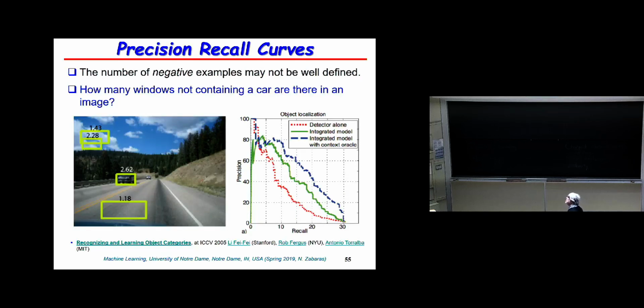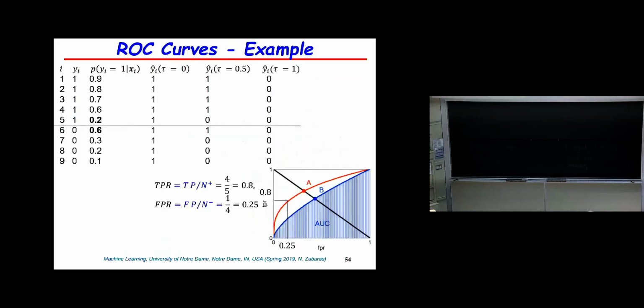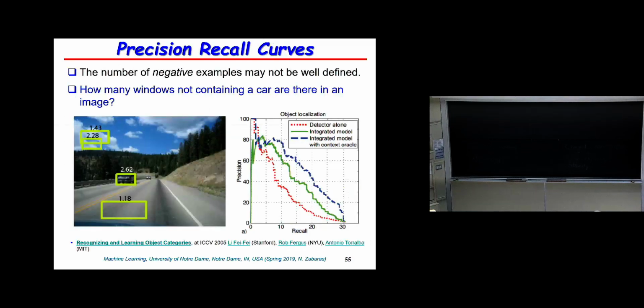You are given a big image, and you want to find, in little windows that you split this image into, how many times you meet a car. So can you tell me how much is n minus in this context? N minus means no car. I only give you 3 windows, but how many windows can you take where there are no cars? As many as you want, really.